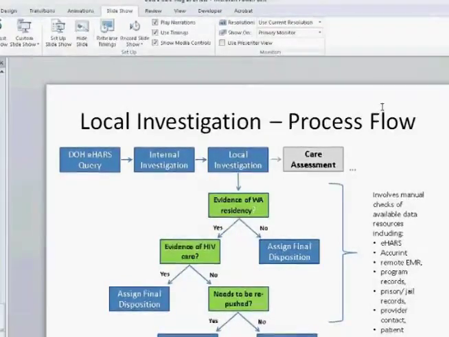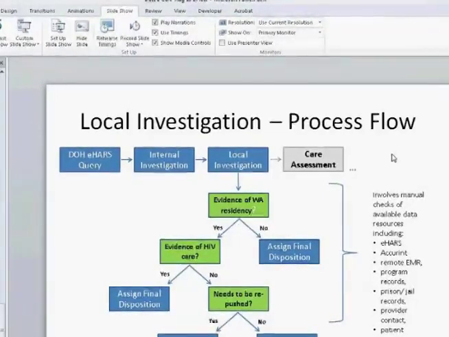Within the LOOC process, or the linkage-relinkage process, we have built in a few things to let us know both how long that took, like what was the amount of time that went by during the investigation, and what was the result of the investigation.